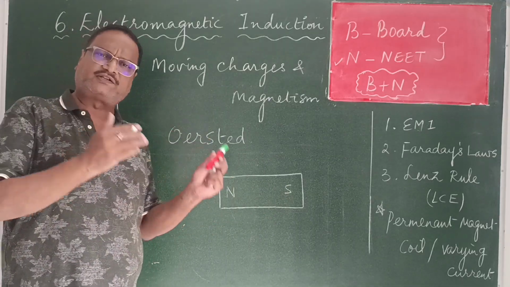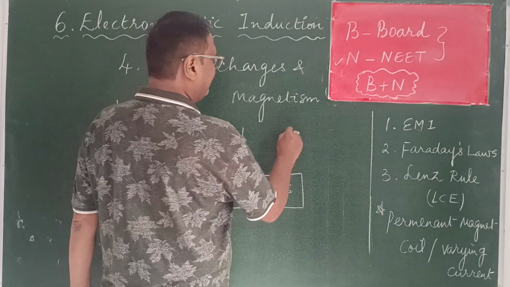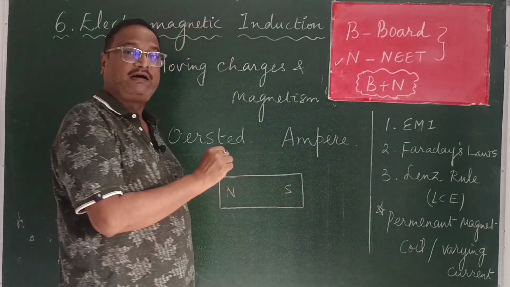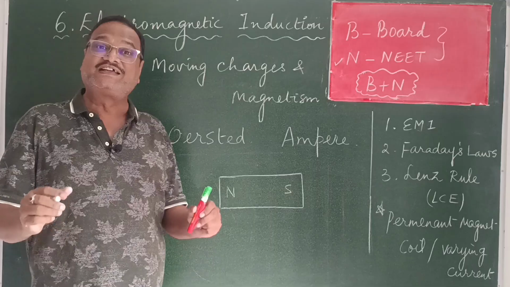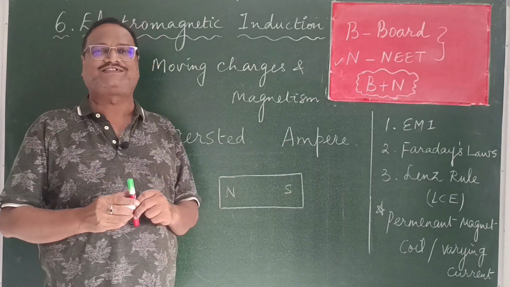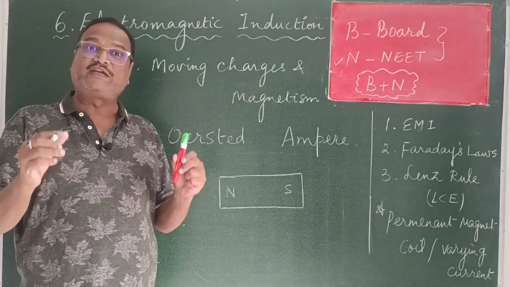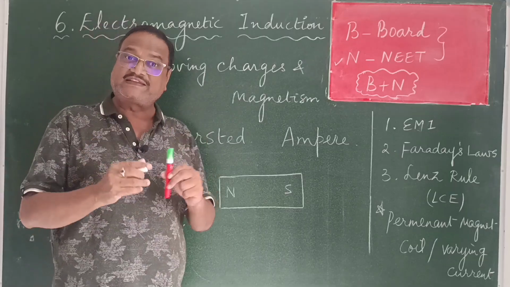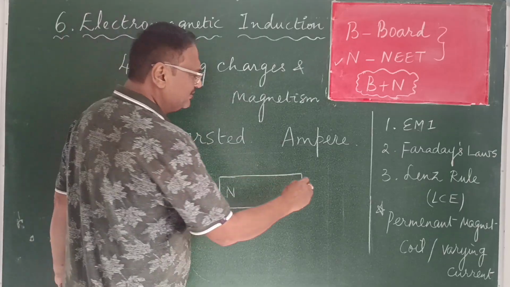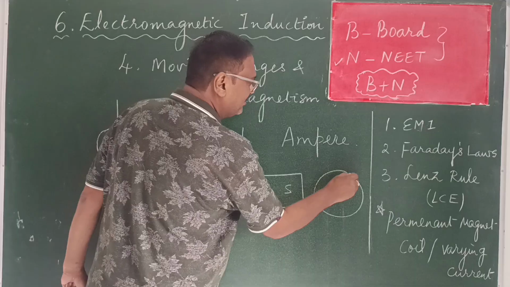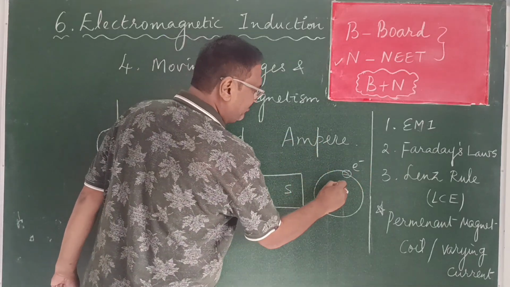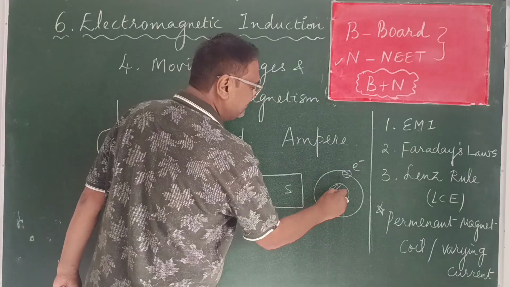Later it was Ampere who found that it is not just a bulk property, it is an atomic property. That is atomic magnetism. It arises due to the electrons revolving around the nucleus.